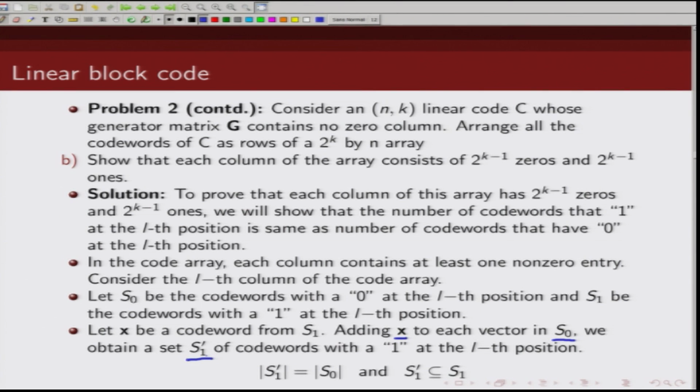We denote this class of code words by S1 prime, and this S1 prime will have 1 at the lth location. Since S1 prime is generated by adding x to the vectors in S0, the number of elements in S0 is the same as the number of elements in S1 prime, and S1 prime is a subset of S1, which is the set of all code words which have 1 at the lth location.